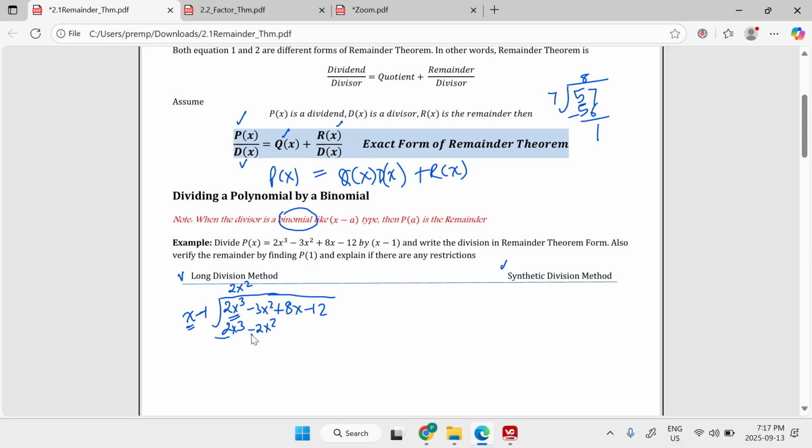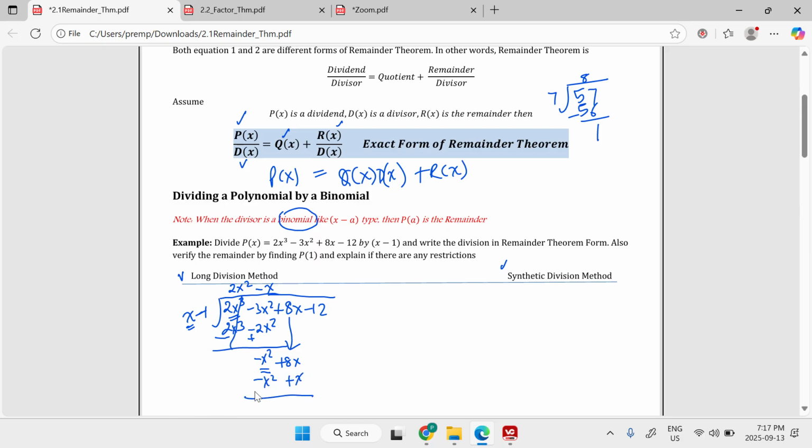Then you subtract this from the polynomial, so this will cancel, and here you will get minus x squared. Then you bring the next term down, 8x, and we use the same strategy. We make the same first term, so I will write minus x squared plus x.